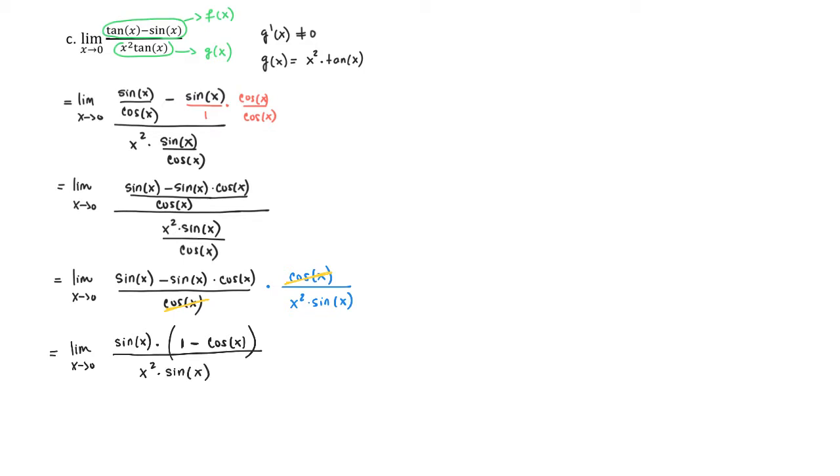And then again, I'll be able to cancel sine. And I am going to now have that this is equal to the limit as x approaches 0 of 1 minus cosine of x over x squared. So I want you to notice that now we have something that is a little bit simpler to analyze.